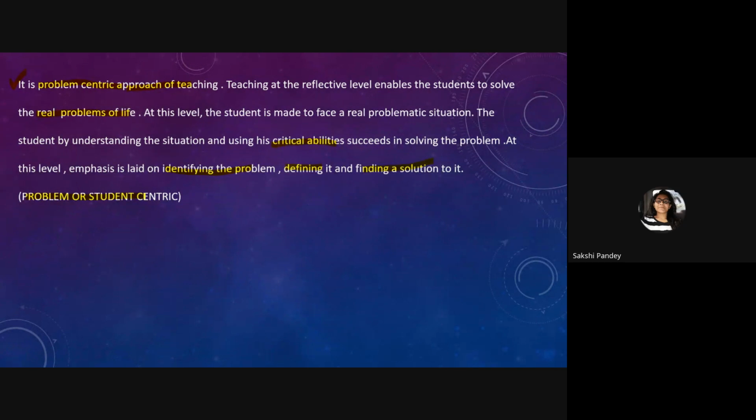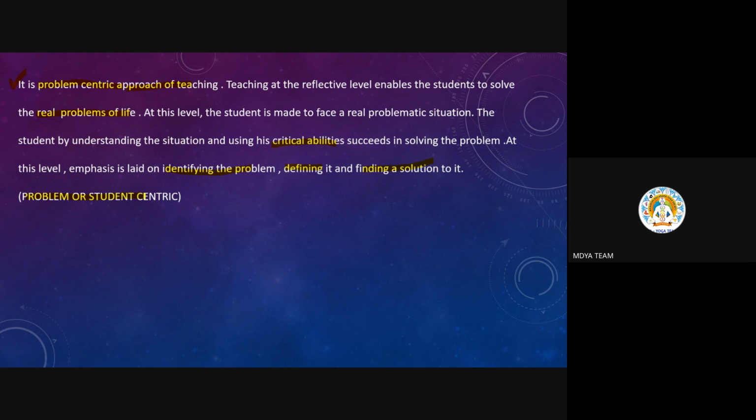Ma'am, would you just please explain it again, like short? Reflective level of teaching. Yeah. Once you have done with your memory level and understanding level, the next level of teaching is reflective level. Here the approach is problem centric.